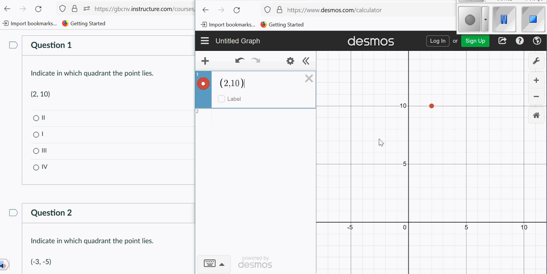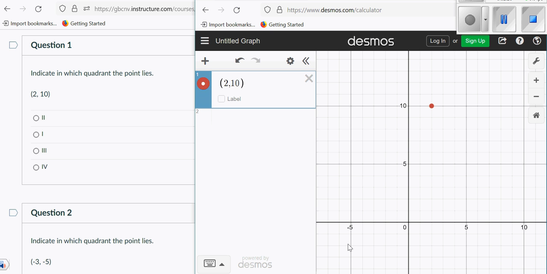Quadrant 1, quadrant 2, quadrant 3, quadrant 4. We go counterclockwise. The x and y axes divide the plane into 4 parts. So the first area is the top right part, quadrant 1, and the second quadrant is top left.